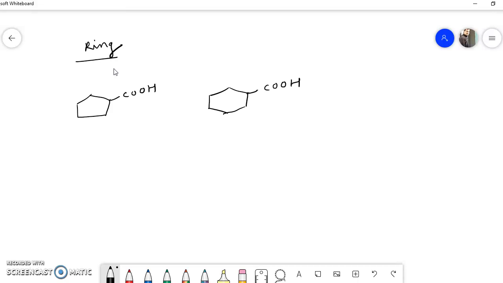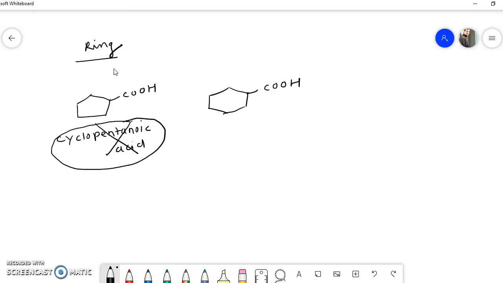If we observe the rules of nomenclature, you might write the name of this compound as cyclopentanoic acid. Is it the correct name? Actually, this is the wrong name, so don't write like this. What name do you have to write? First of all, write the name of the ring. Which ring is this? Cyclopentane, and then write the word carboxylic acid.